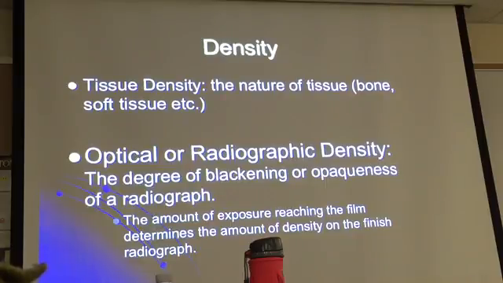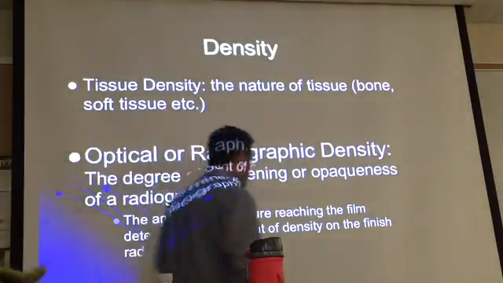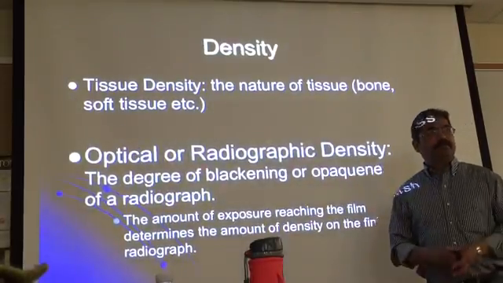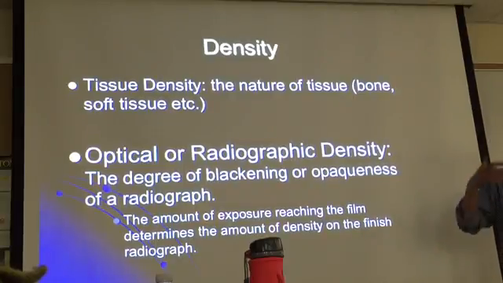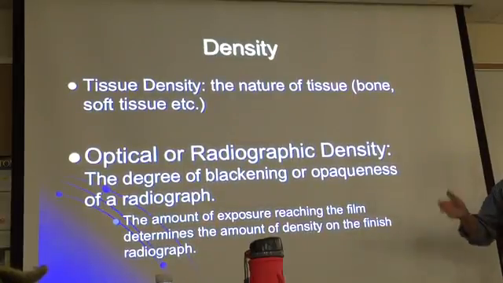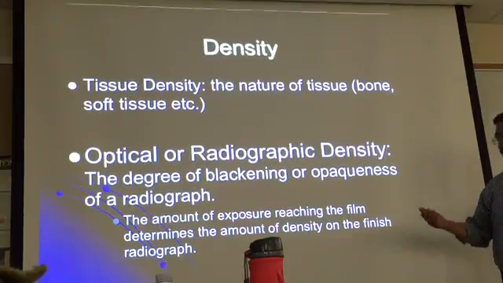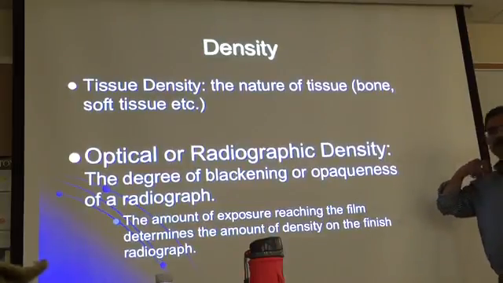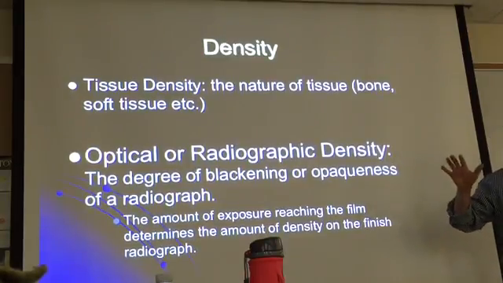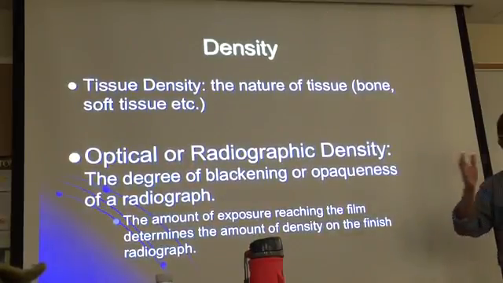The amount of exposure reaching the film determines the amount of density on the finished radiograph. Now this is film, because there were no changes with film. You expose it, it turned out dark. Now with digital systems, this is kind of true, but you can change those densities.